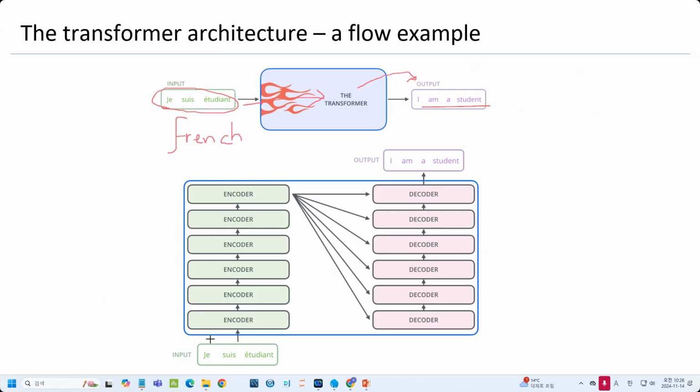The input will go to the encoder, and the encoder can be in many layers, not only one. After it goes through many layers, this encoder can be embedded to every decoder, and this decoder will show the output.